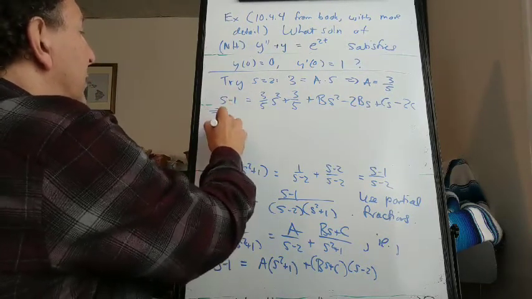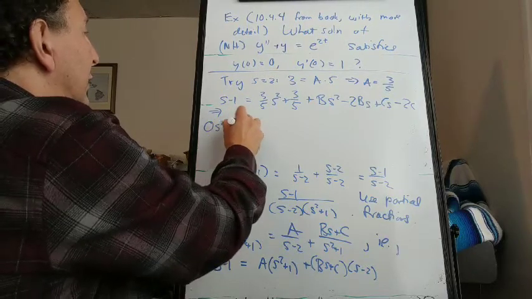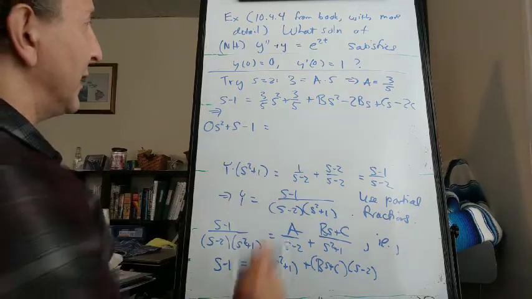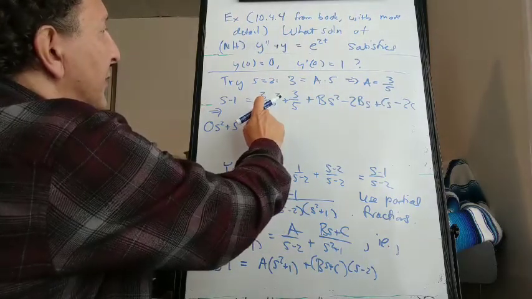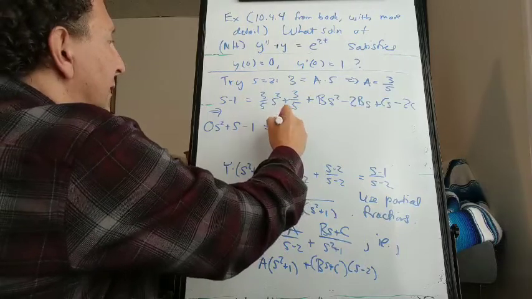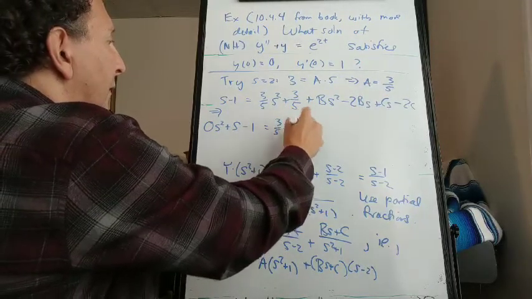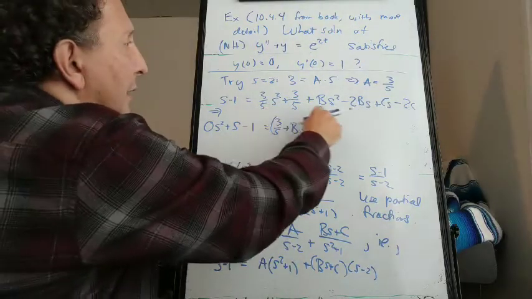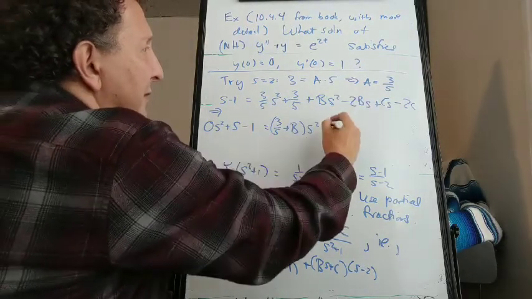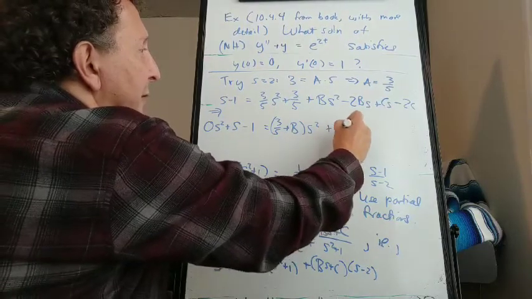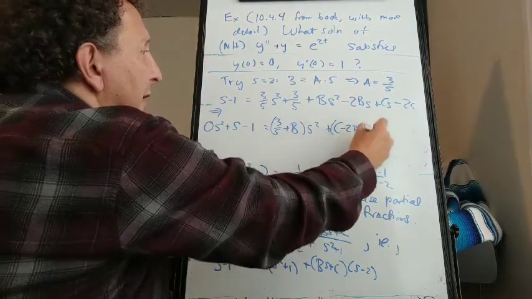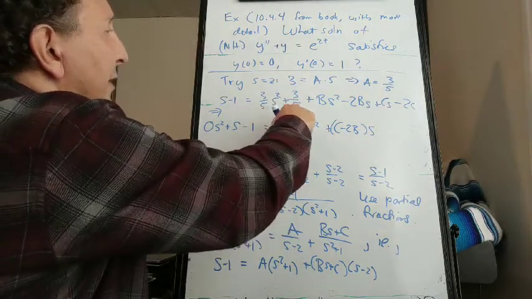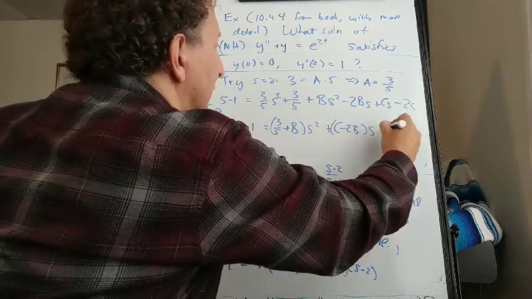So we have 0 s squared plus s minus 1 on the left equals how many s squareds on the right? 3/5 plus b s squared, and then how many s's? Minus 2b plus c. So let me say plus (c minus 2b) s. And then the constants are 3/5 and minus 2c.